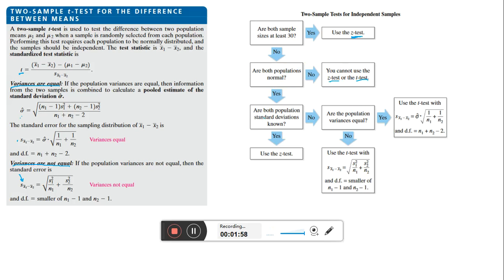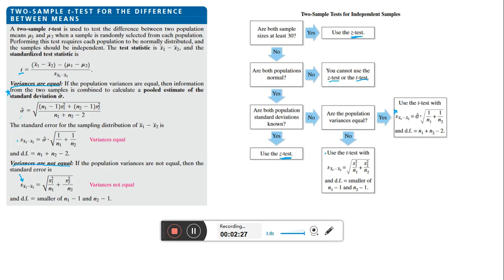If both populations are normal, are both population standard deviations known? If they are known, you can go ahead and use the z-test. If they are not known, ask yourself, are the population variances equal? If they are equal, you can use the t-test with this formula that we talked about over here in this standard definition piece.